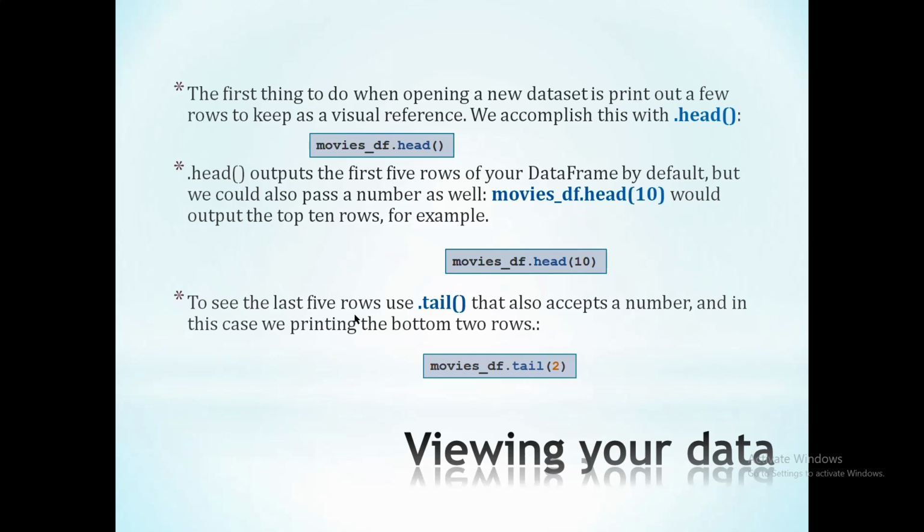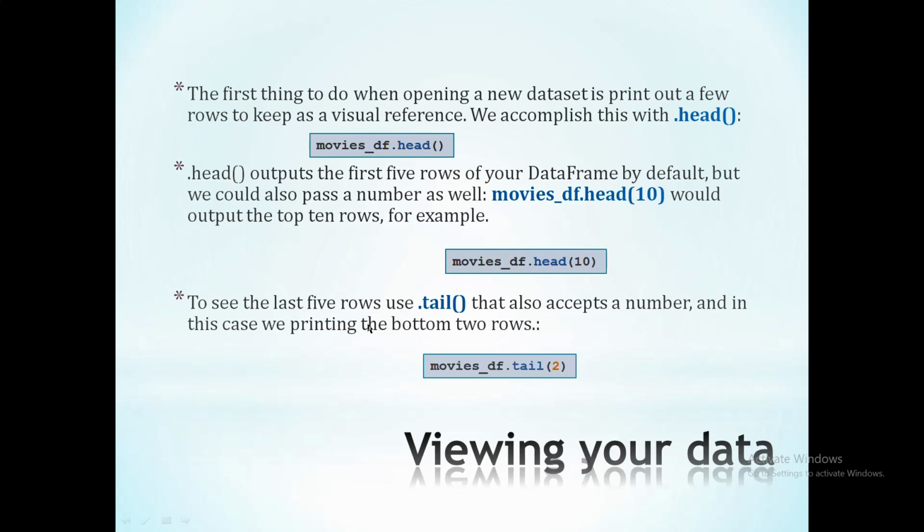Then if I give a numerical value, for example in the second example, movies data frame dot head of 10, it will represent the first 10 rows, whereas the default will represent the first 5 rows of the data frame.